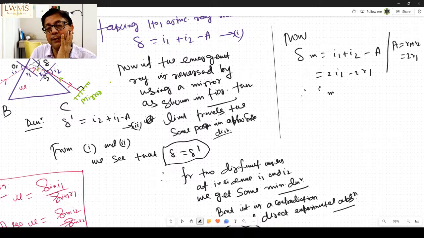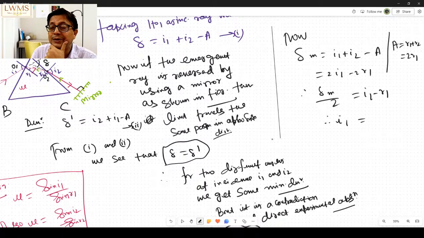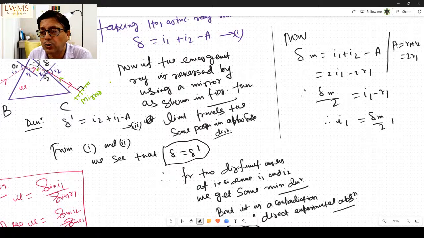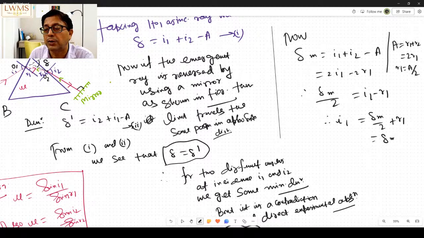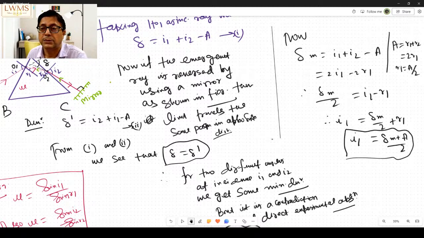So delta M by 2, therefore I1 equals what? Delta M by 2 plus R1. R1 is what? A by 2. So I1 equals delta M plus A by 2. This is for I1. Clear?